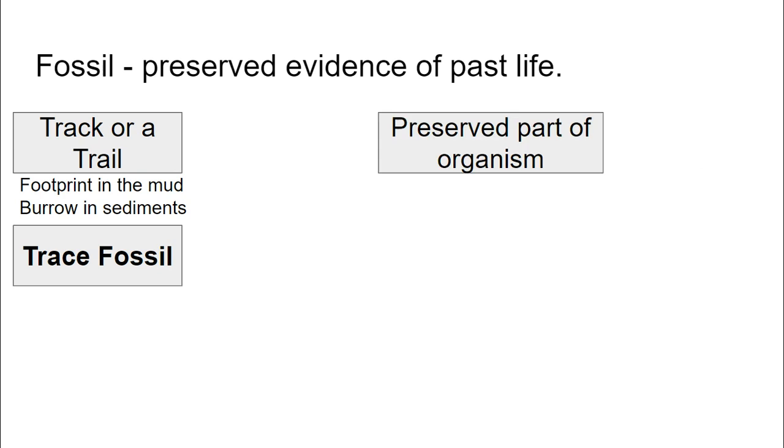The part of fossils that we think about mostly are going to be the preserved parts of organisms. These are going to be called some sort of a body fossil. These preserved parts of organisms are going to be hard parts primarily. These hard parts could be bone, shell, tooth material if you're talking about an animal.